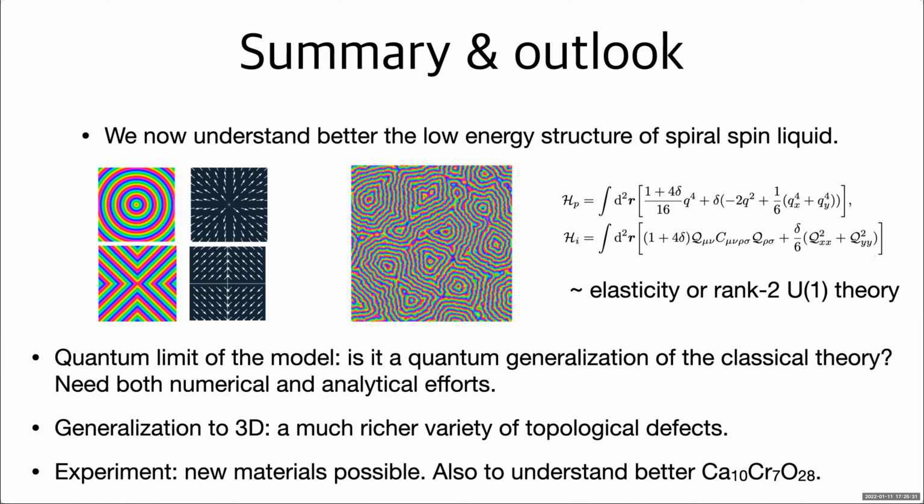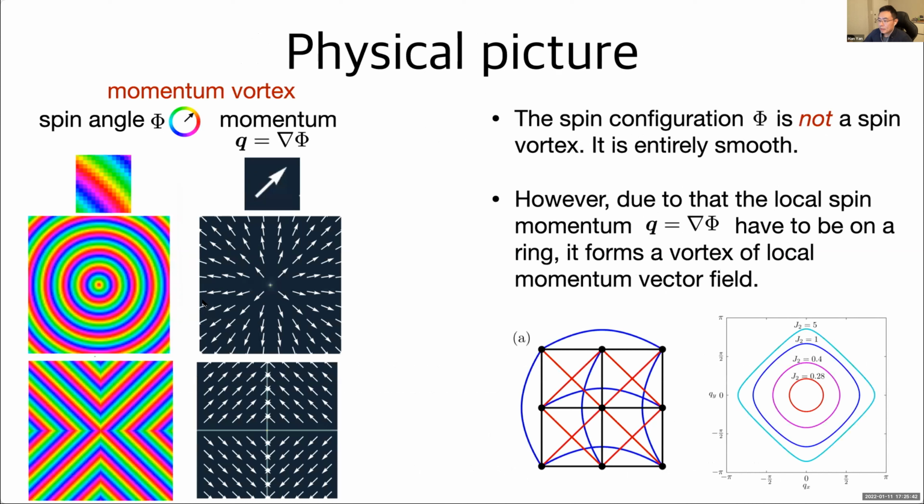Since you have a U1 emergent order, why don't you get a Kosterlitz-Thouless transition in this system? Good question. Naively you would think that we have the momentum vortices and they probably behave in the same way as the spin vortices, so what's new here?